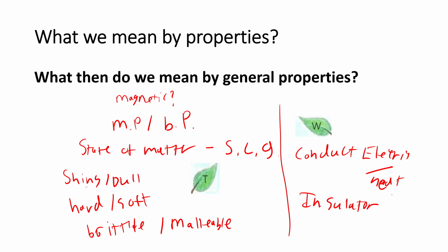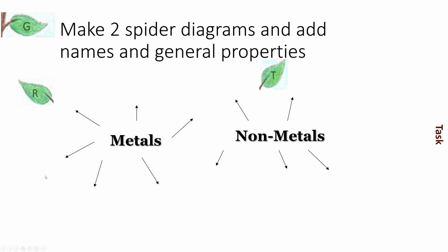So these are all different general properties. Another one could be colour. When I said shiny or dull, you can also say grey, silvery colours could be a property, compared to bright colours.